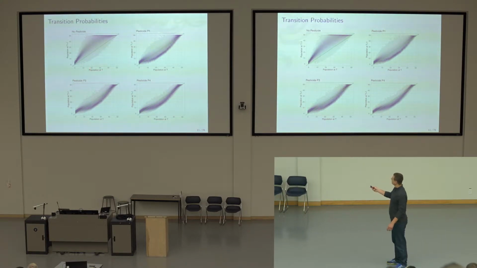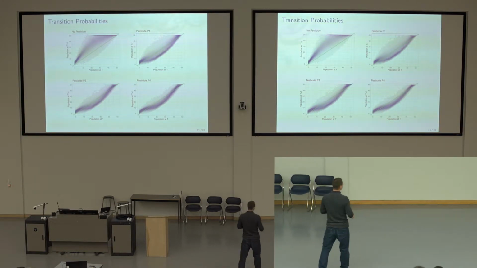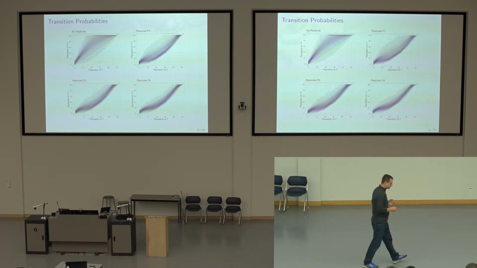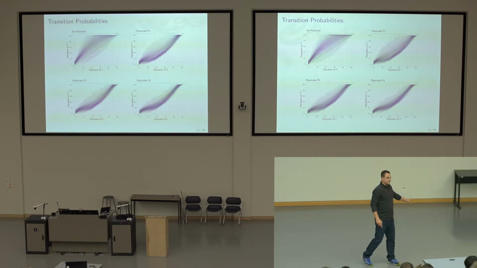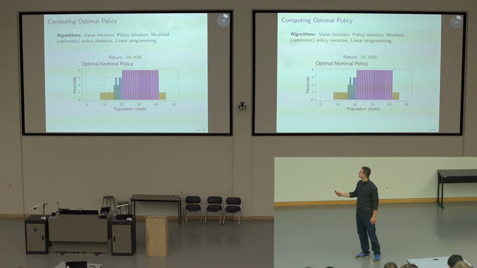If you don't use a pesticide and you are at population 20, it's likely that in the next step your population is going to increase quite a bit. And as you look at P1, P3, and P4, you see that the variance goes down, down, and down, because you're using more and more pesticides. So the actual dynamics are not important, but I'm going to show you pictures like this a little bit more during the rest of the talk.